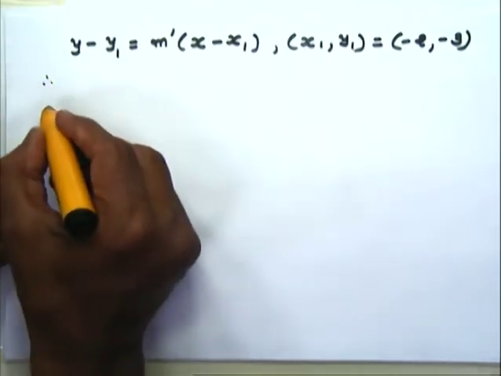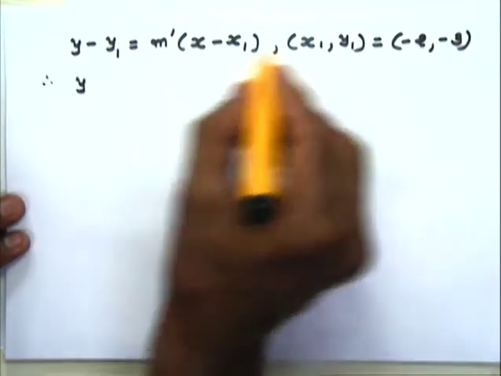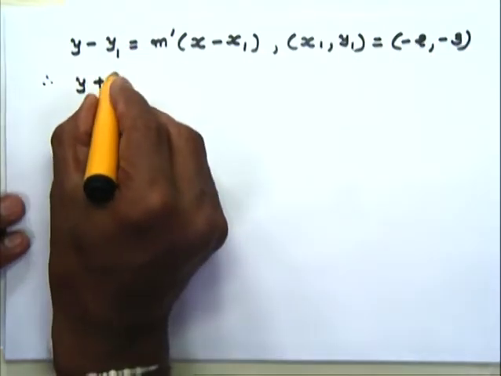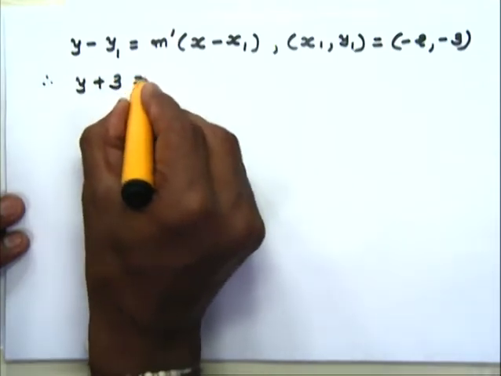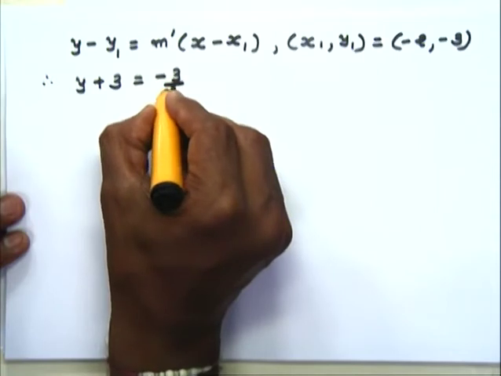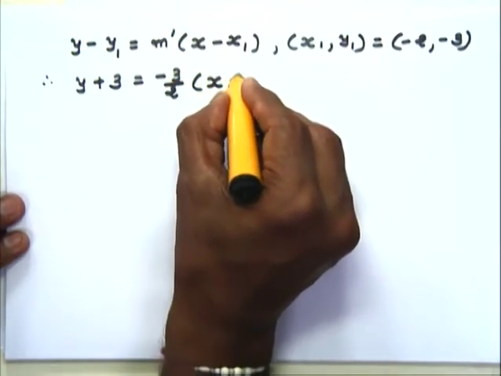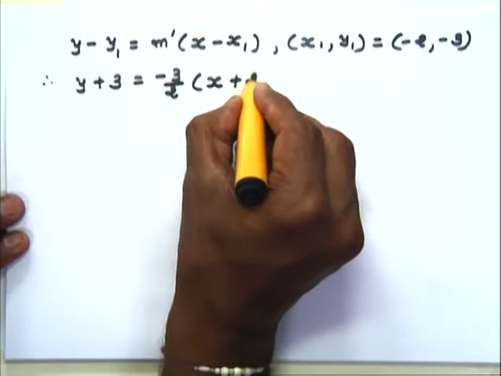So let us substitute: y minus y1 equal to slope times x minus x1.